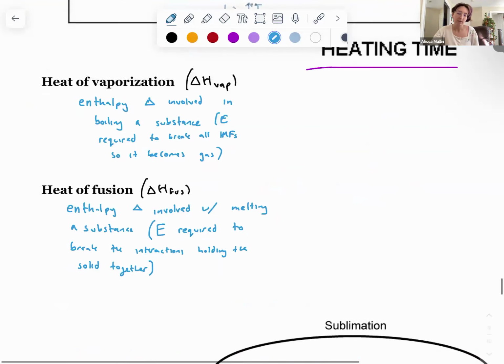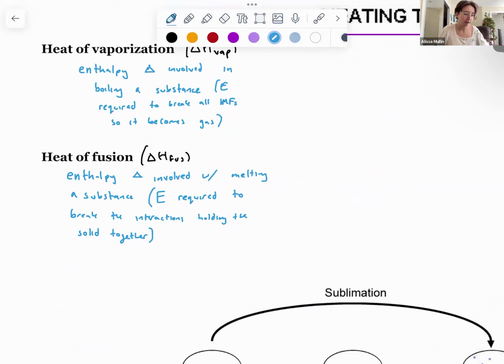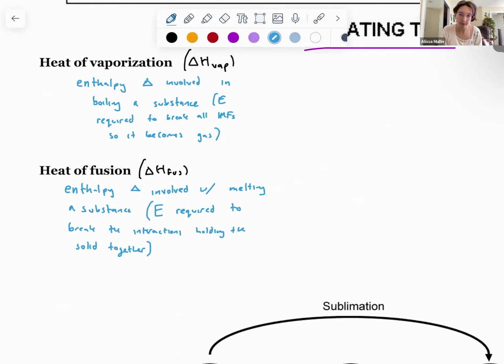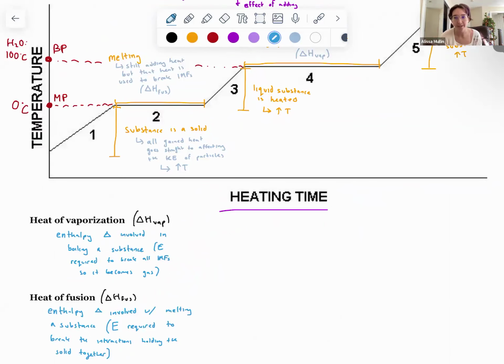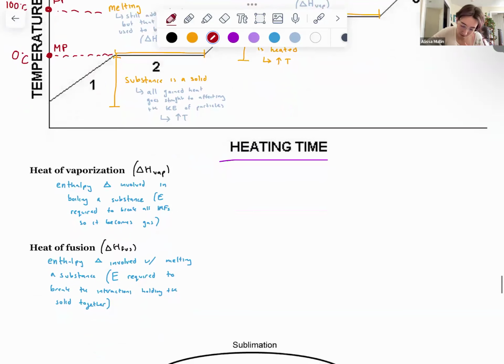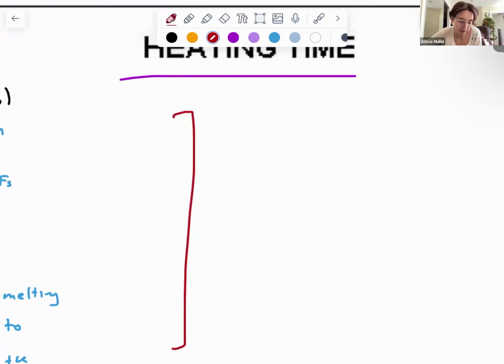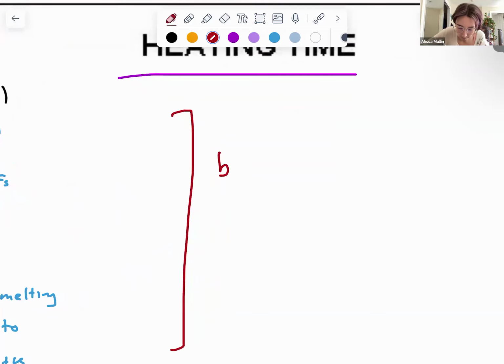Right. So we got those guys. And it's worth pointing out here, both of them, as we can see in this process, both of those plateaus, we're adding heat for that. And that makes sense, right? We are breaking these interactions. It is endothermic. So both of these by definition are endo. You can just add these labels somewhere if you don't have space right here, but both are endo.